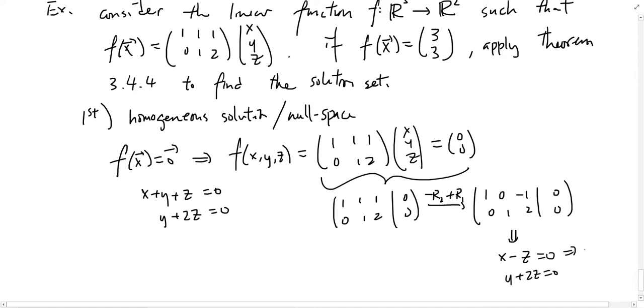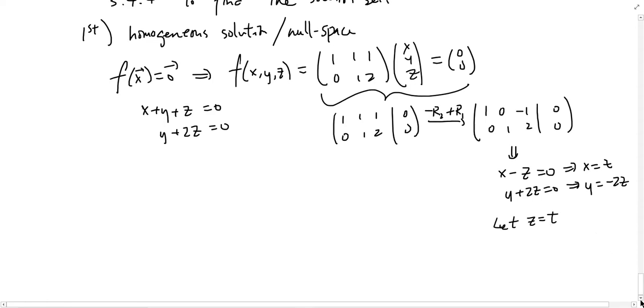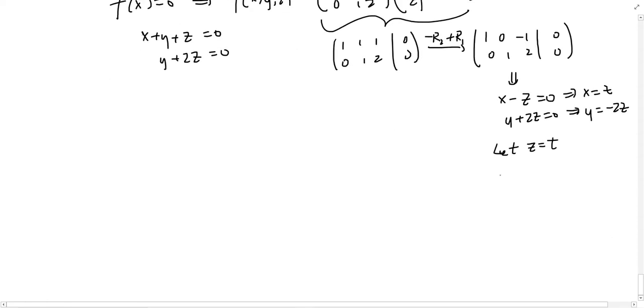The top equation tells me x equals z, and the bottom equation tells me y equals negative 2z. If I simply let z equal a new parameter t, I can then say the solution we're looking for, x, y, z, would simply equal t multiplied by 1, negative 2, 1.